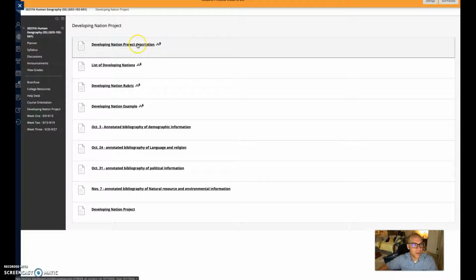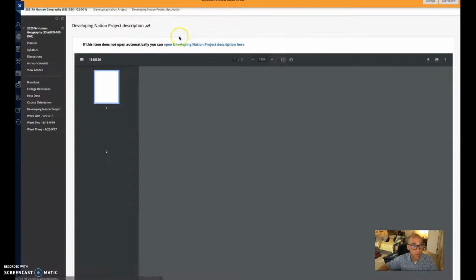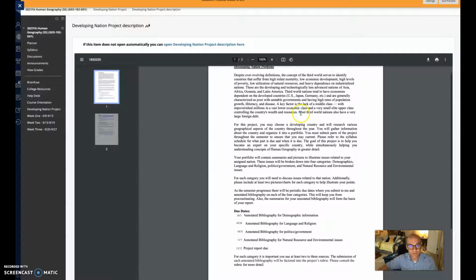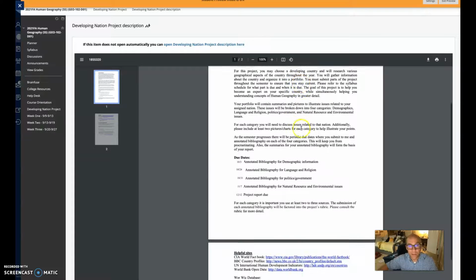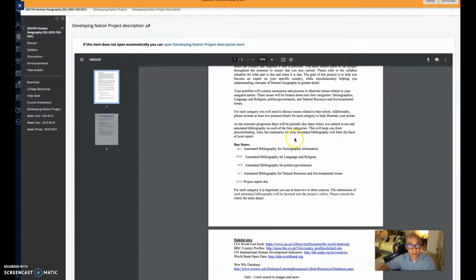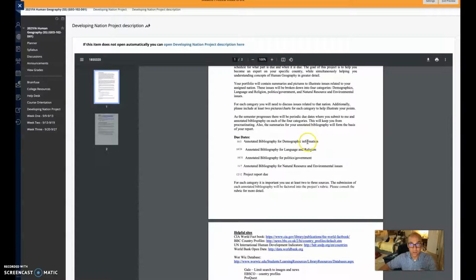When you open up the description up top here, the PDF will open, and a brief description, the things that I said. Down below are the due dates for the annotated bibliography. As we go through the semester, I want you to specifically look at sources that discuss demographics and language and religion and politics and government and resources and environmental issues.